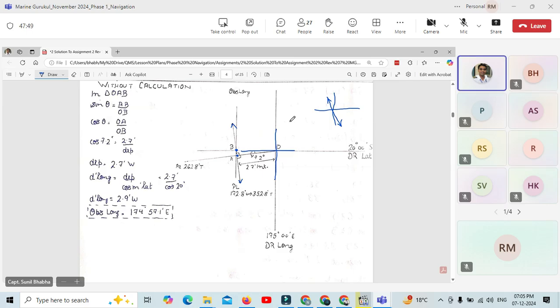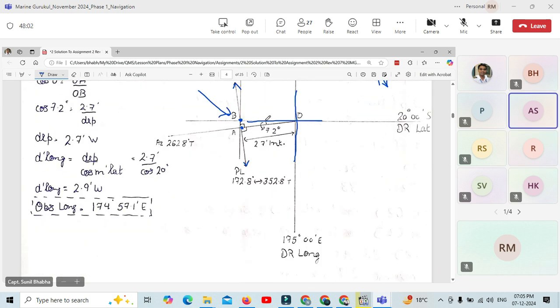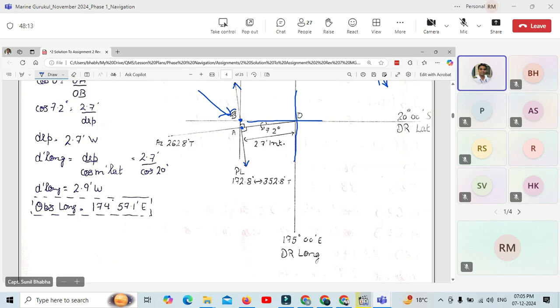Yes, sir. So if we had used the long by chron method, we would have obtained point Bravo, right? Okay, the position line where it cuts the DR lat becomes the observed long, correct? Yes, that is correct, beta. So now basically we have to find out the longitude of point Bravo.